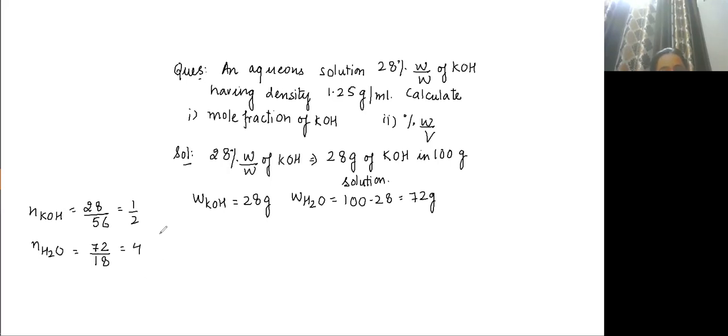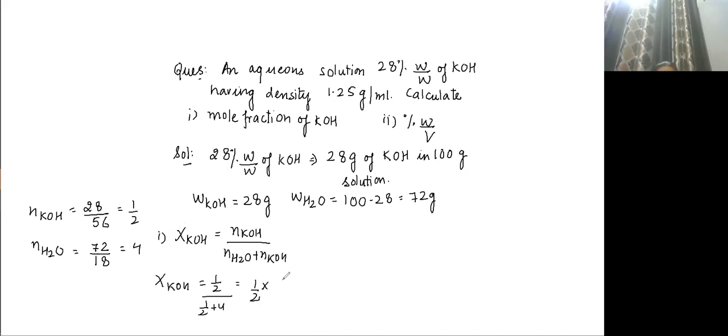So how will you calculate mole fraction? Moles of KOH divided by moles of H2O plus moles of KOH. So mole fraction of KOH is equal to 1 by 2 divided by 1 by 2 plus 4. So this is equal to 1 by 2 into 2 by 9.